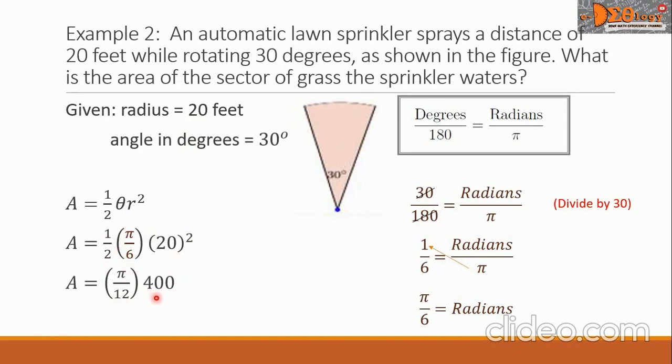We will simplify further. We can cancel the 400 and the 12. We can divide each by 4, so the 400 becomes 100. Then we copy the pi all over. The 12 divided by 4 is 3. So our answer here, the area is 100 pi over 3. For the units of measurement, we will write square feet or feet square to denote an area. This is our final answer.